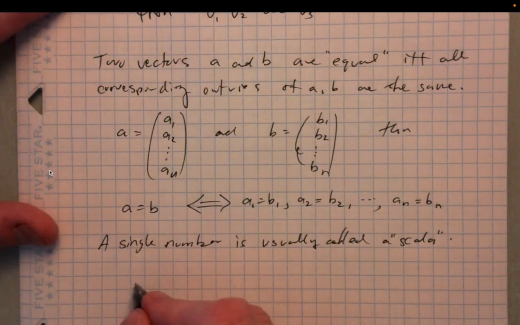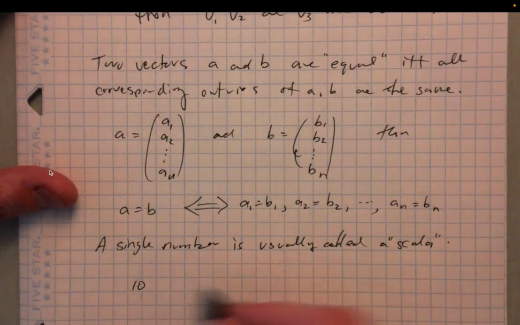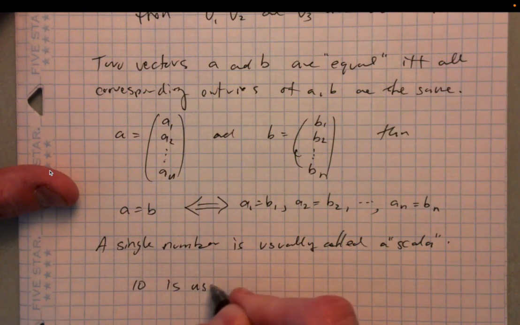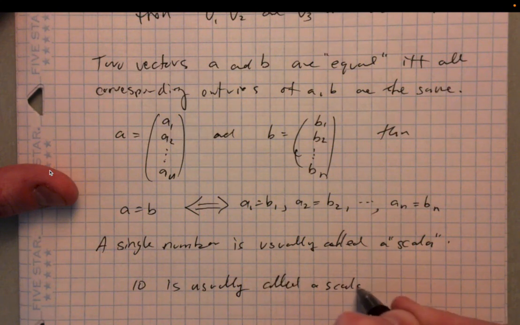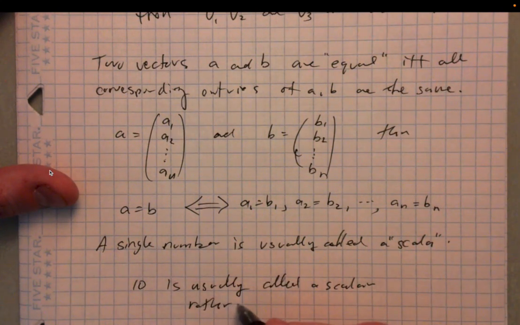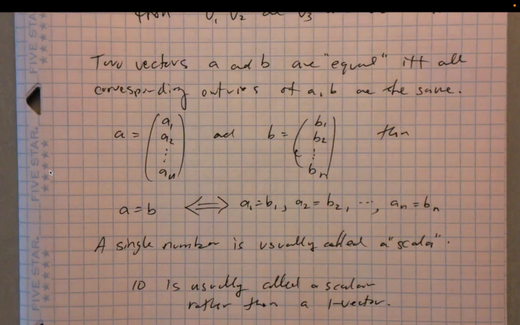So if I have the number 10, you maybe could think of this as a real one vector if you want, but 10 is usually called a scalar rather than a one vector. Technically you might be able to say that it's a one vector, but individual numbers are typically referred to as scalars.